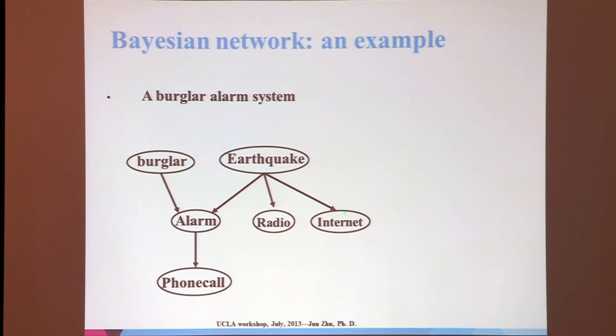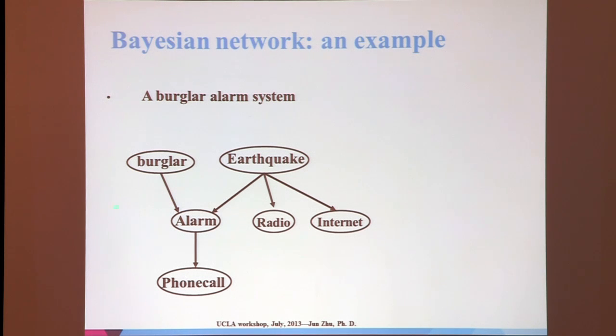Turn on the radio to hear anything about an earthquake, or maybe if you have internet, you can check whether the internet has reported an earthquake in the region where you stay. Then you can infer whether there's an earthquake. If there is an earthquake, then it's more likely the alarm was triggered by the earthquake, and you probably just ignore it. Or if there's no earthquake, then it's more likely to be a burglar.